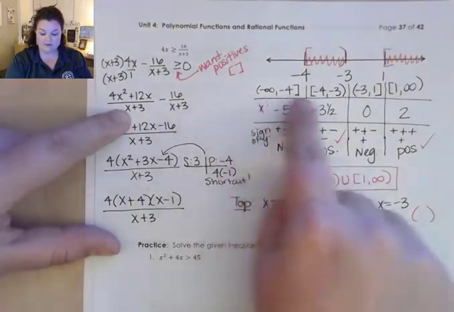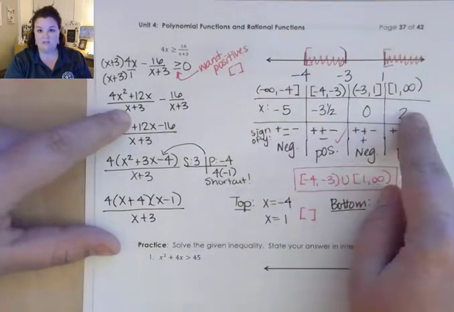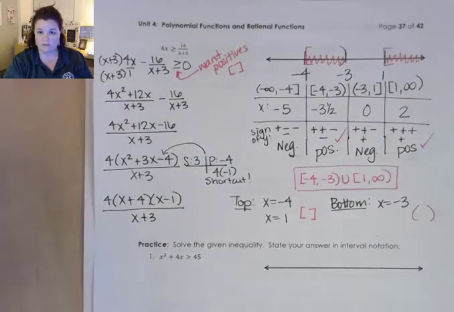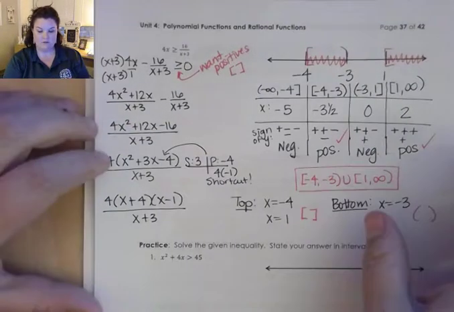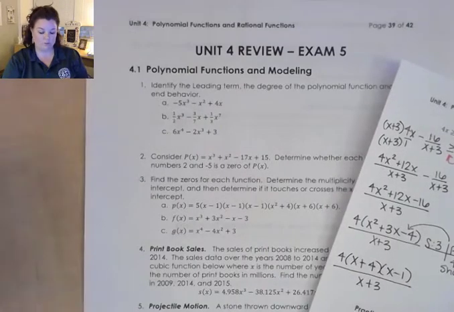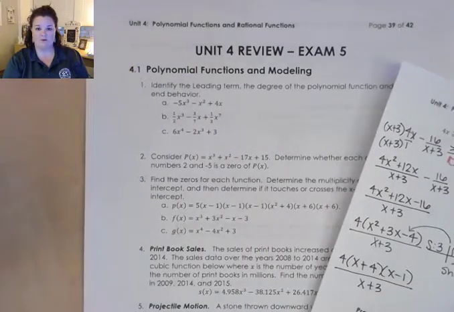I want to see that you have the intervals, that you picked a test point, that you showed me what the sign is, and then chose your solution accordingly. Also, at the end of the notes packet, as always, there's the review for you to work on, which are just all the practice problems throughout the unit.